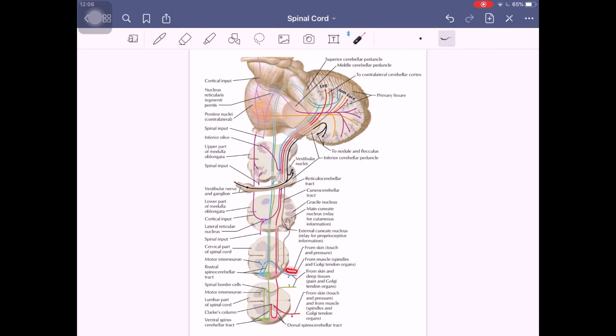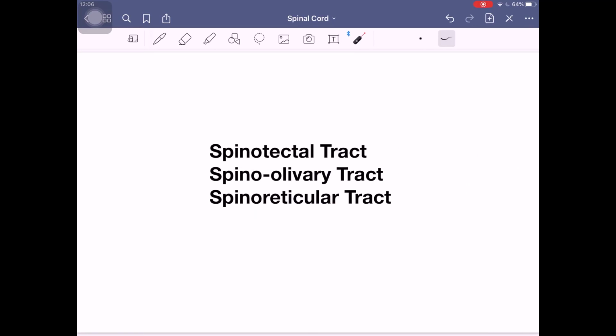Here you can see the cuneo-cerebellar shown in brown color. You can also see the external cuneate fibers shown. The cuneo-cerebellar goes all the way to the arm. You see, the arm is what we called the upper limb, so the brown color is going to the upper limb.